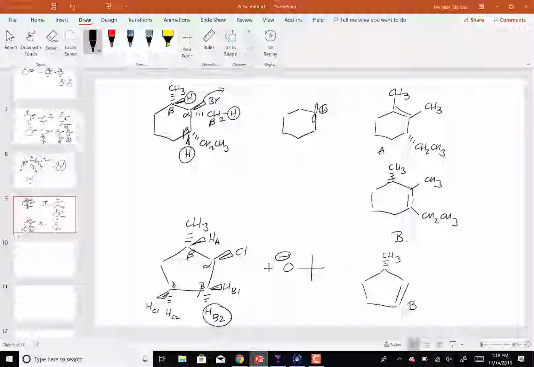Which one of these hydrogens can be lost? All of them, any of them. And now the question is which product is the most stable? It's to lose HA and form the double bond there, so that's product A.